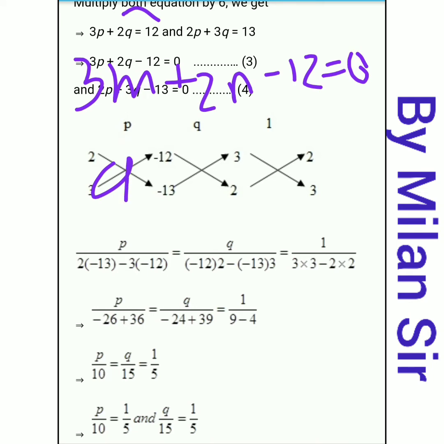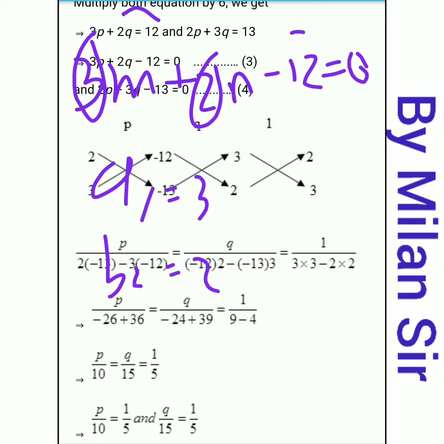Now a1 is equal to 3, the coefficient of m, b1 is equal to 2, and c1 is the constant term, minus 12.